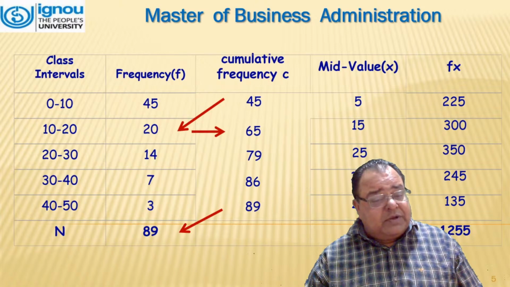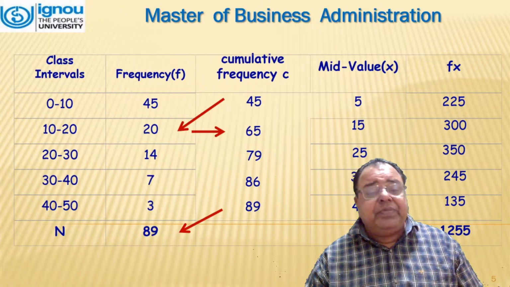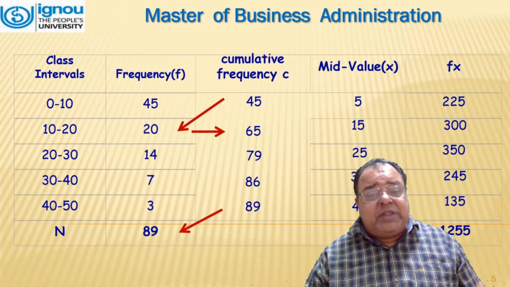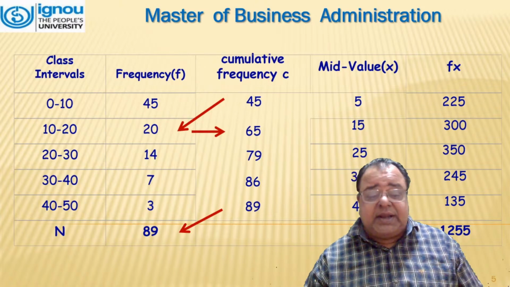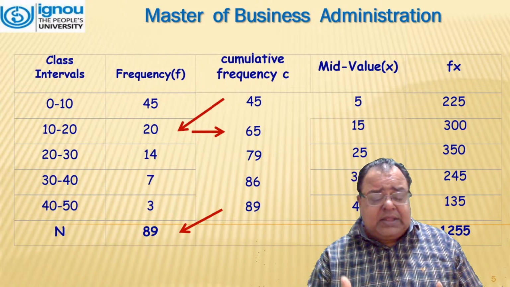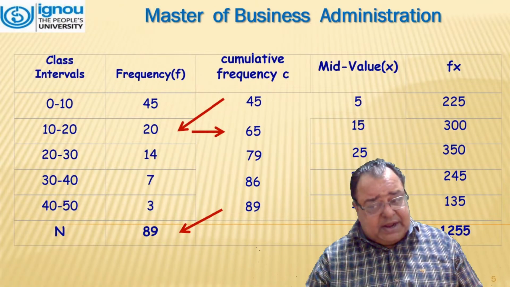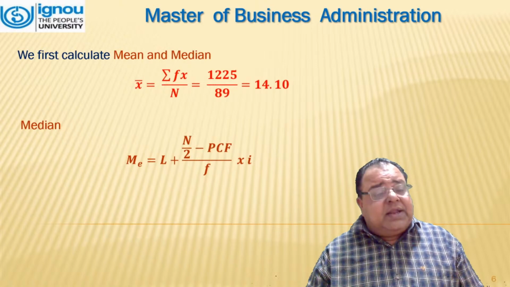Again, 65 plus 14, that is 79. 79 plus 7, that is 86. And 86 plus 3 is 89. The last value in the cumulative frequency will be same as the sum of the frequency. That is, here we have 89 in the last element in the cumulative frequency column, and the summation of frequency is 89.